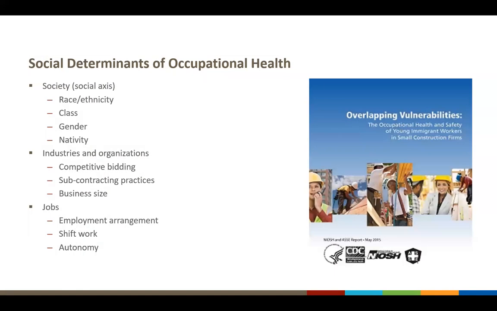So at the heart of this is the idea of social determinants of health. And while there are many social determinants of health, we've identified three buckets that we think probably have the greatest impact on work-related injuries and illnesses.